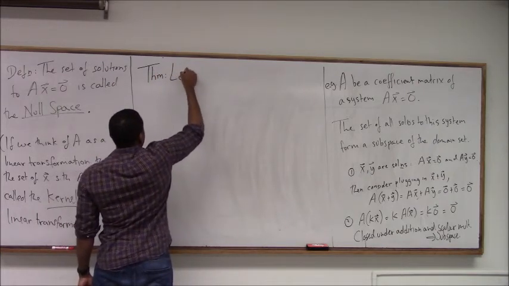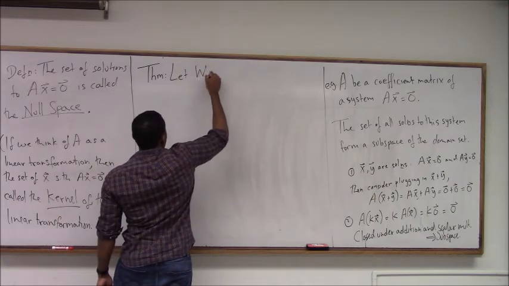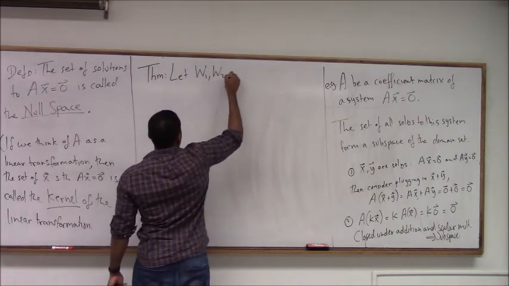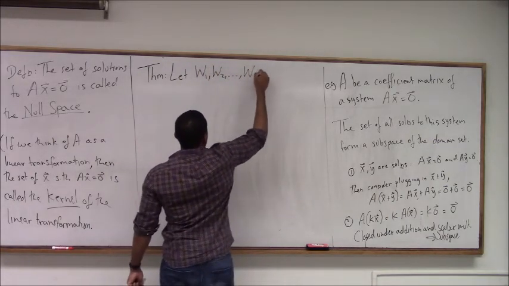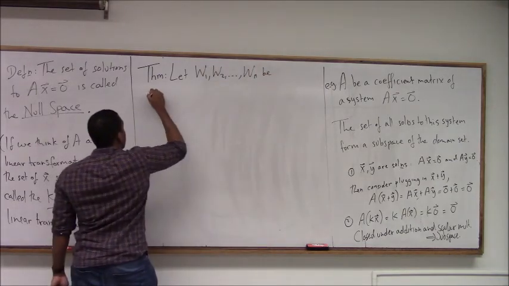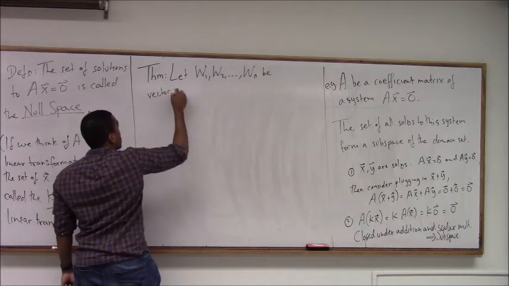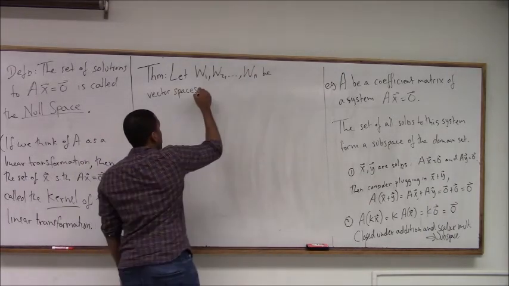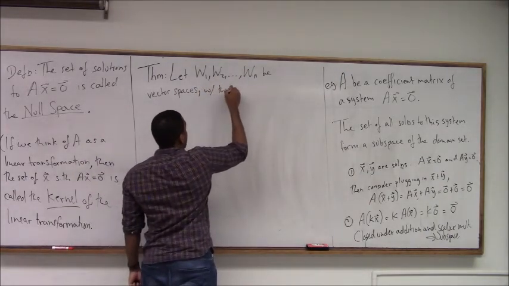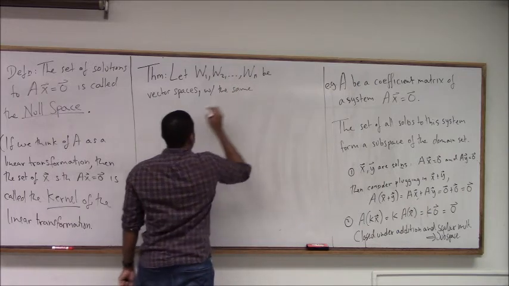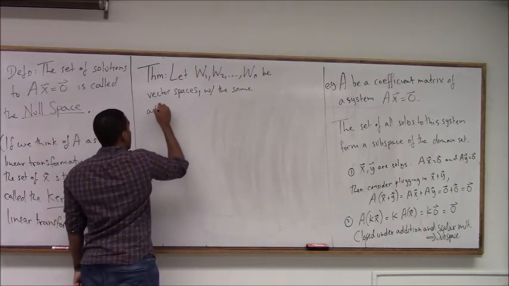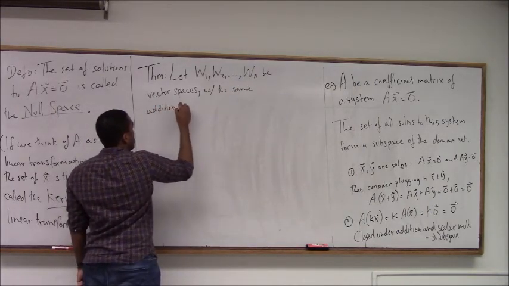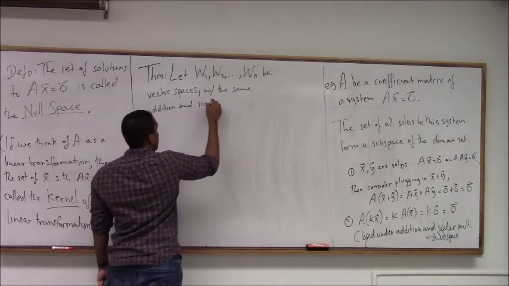So let W1, W2, through Wn be vector spaces with the same addition and scalar multiplication.